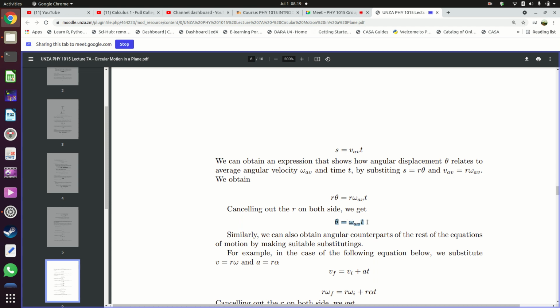What I'm trying to show you is that it is possible to come up with equations of circular motion by just substituting the circular counterparts of those equation symbols. As you can see here, things just come out the same. This is the second one, which is coming out similar to the other one.